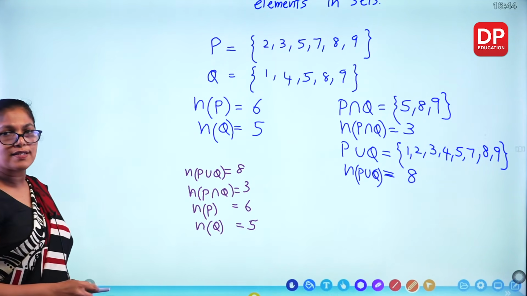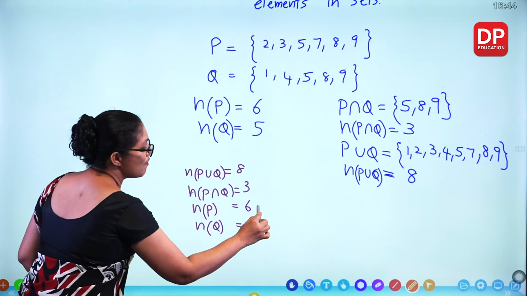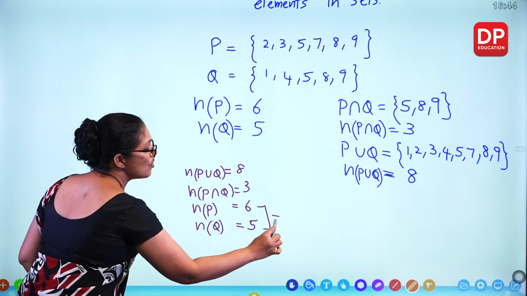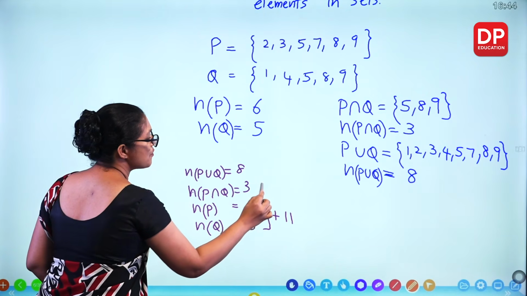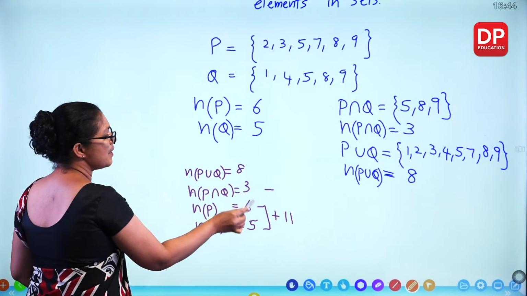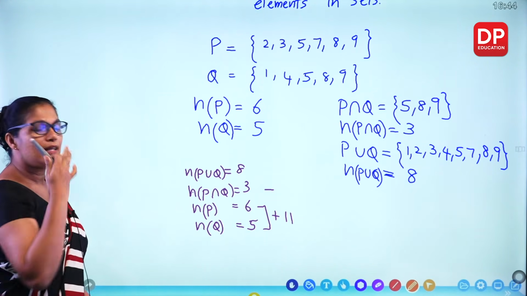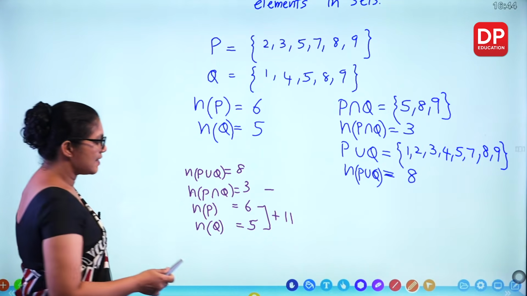Look carefully at what's the relationship. When we add these two, you get 11. And 11 subtract this number, 11 minus 3, you get 8. So what's the relationship?